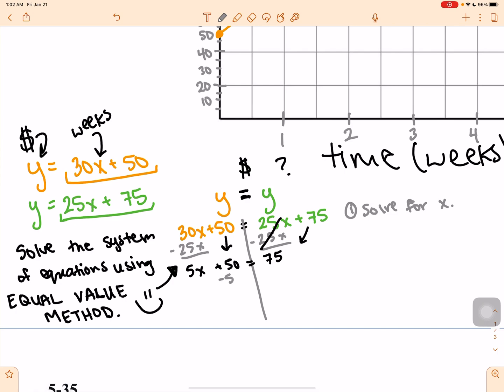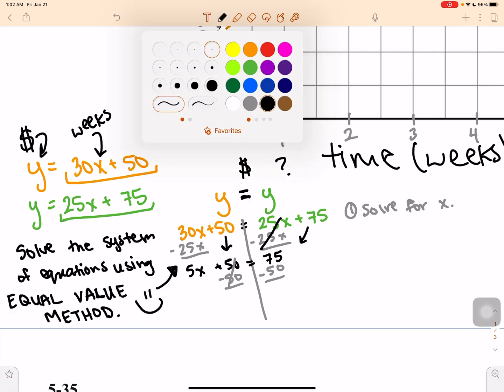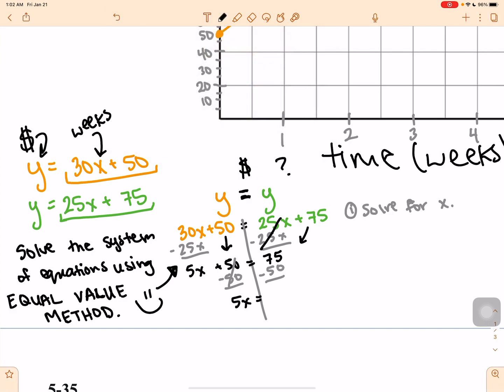So now we can subtract 50 from both sides. So we're left with 5x equals 25. And then now divide both sides by 5. You should get x equals 5. Okay. So x, that means 5 weeks. So at 5 weeks, they will have the same amount of money.